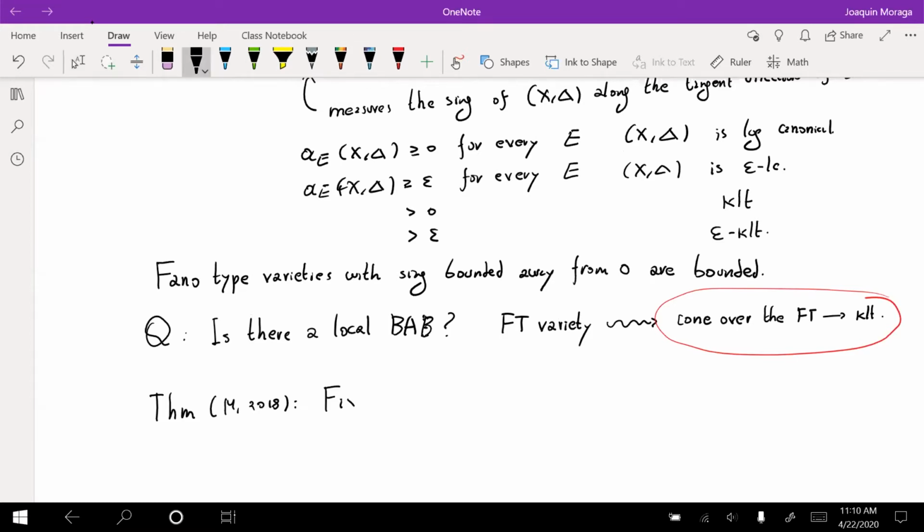So fix d and N, epsilon. So d and N are natural numbers and epsilon is a positive real number.